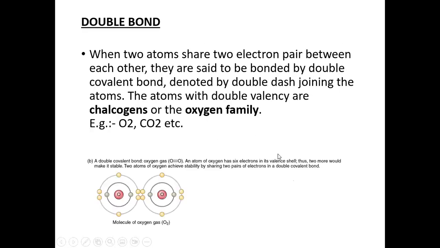So double bond, two atoms that share two electron pairs, which we can see through the double dash joining, and the valency, of course, is double. The atoms that usually make up double valency, we call chalcogens or the oxygen family, like oxygen and carbon dioxide.